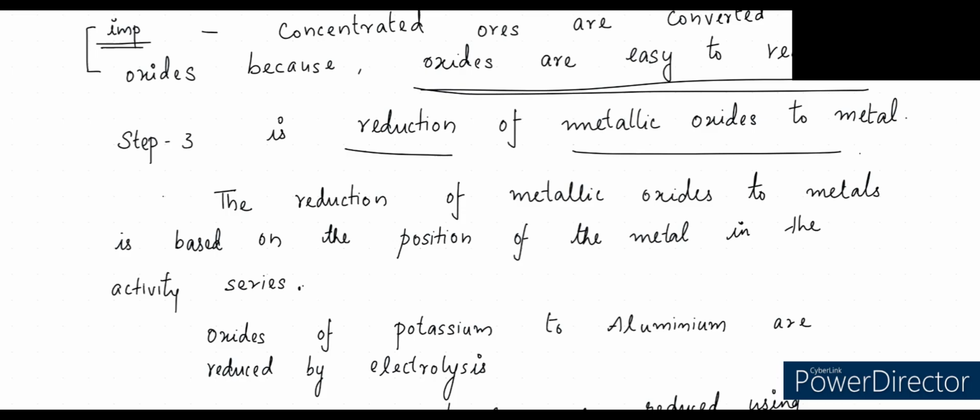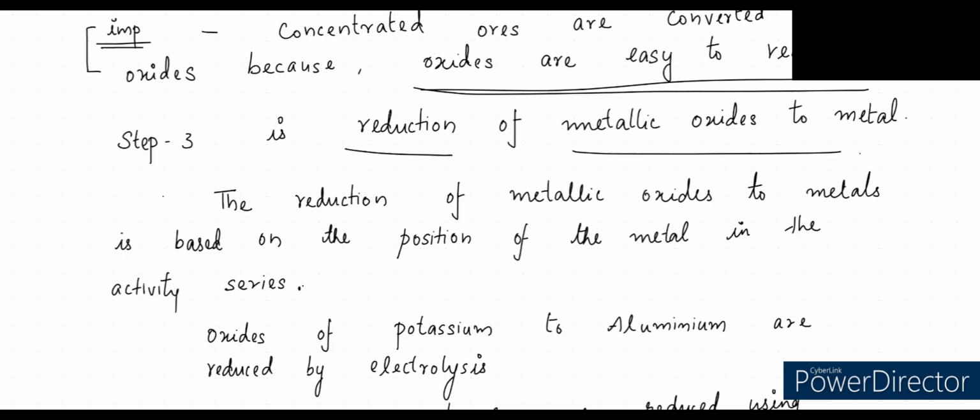The metals which are on the top, that is potassium to aluminum, lose their electrons easily, which means they are easily oxidized. Loss of electron is oxidation. You can oxidize those metals easily. That again means reduction of the metallic oxide to metal will be difficult.